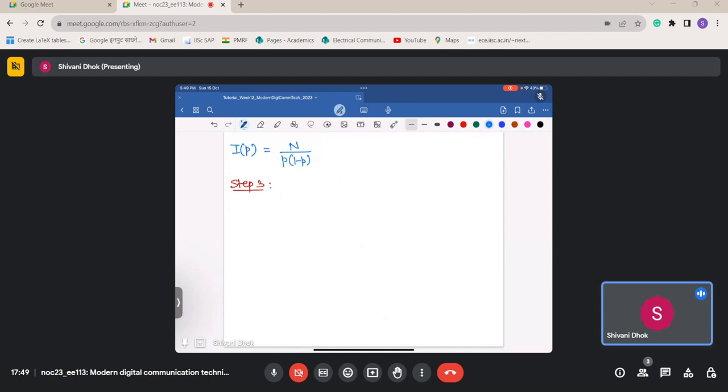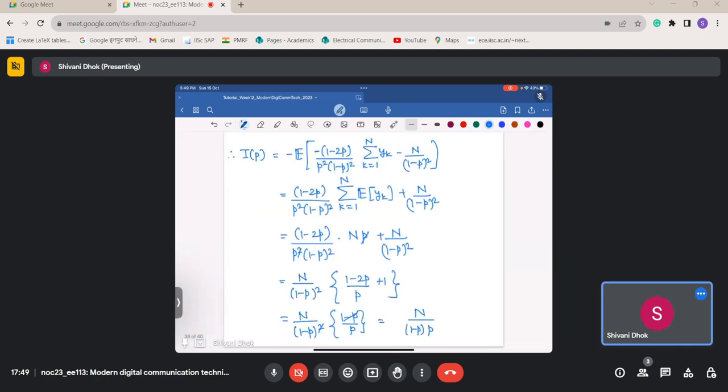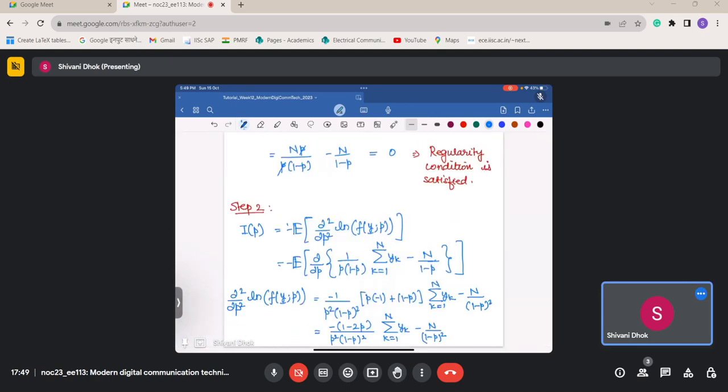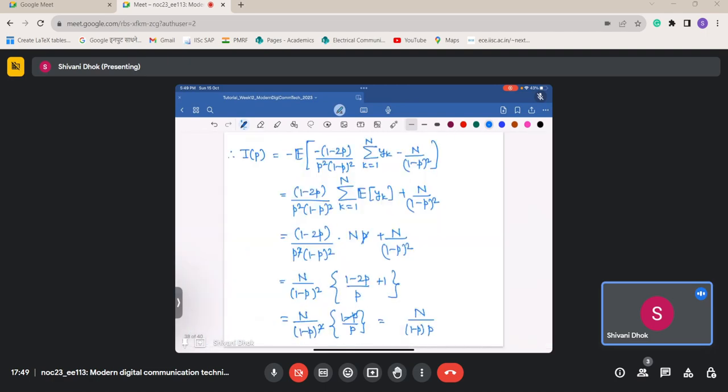So for that, again we'll look at this function, which we had obtained as this term, that is 1 upon p times (1 minus p) summation, minus n upon (1 minus p).